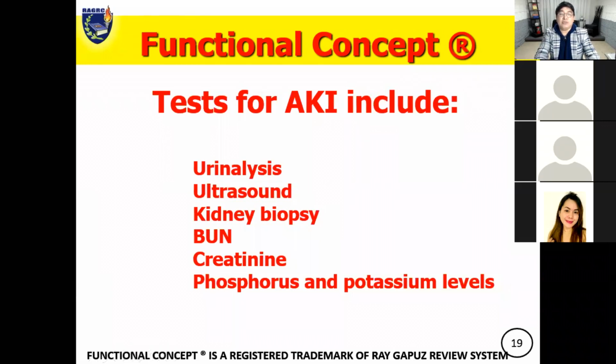Then you monitor the patient's ability to excrete waste products. BUN, the normal is usually 10 to 20. Creatinine, normal is 0.5 to 1.5. Phosphorus and potassium levels, so your normal phosphorus would usually be 3 to 4.5 milligrams per deciliter. Potassium would be 3.5 to 5.3.